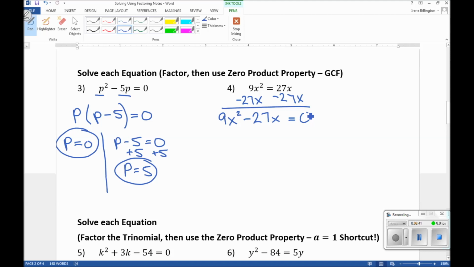Now let's factor by finding the GCF. So the greatest common factor of these 2 terms is 9x. When I divide by 9x, I'm left with x minus 3 for my second factor, equals 0.